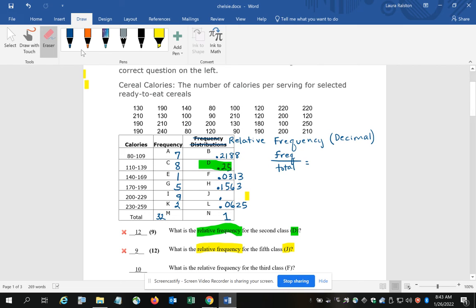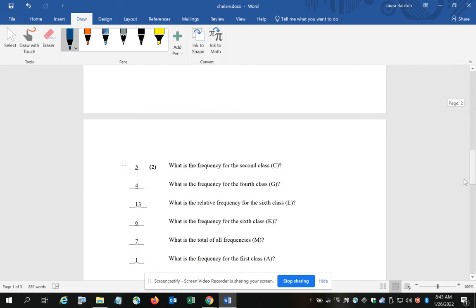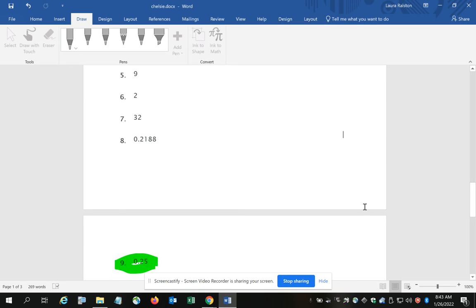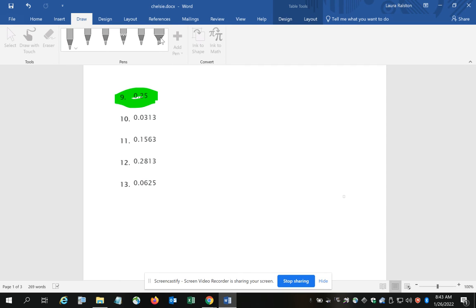Okay, so that should be 0.2813. That corresponds to answer number 12.